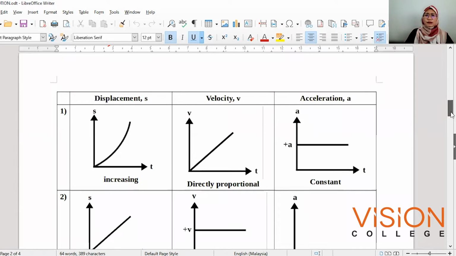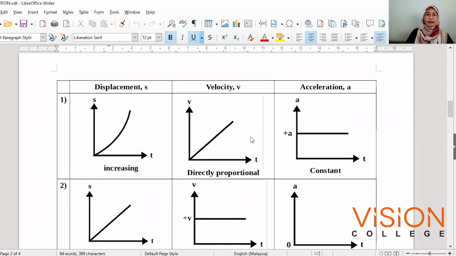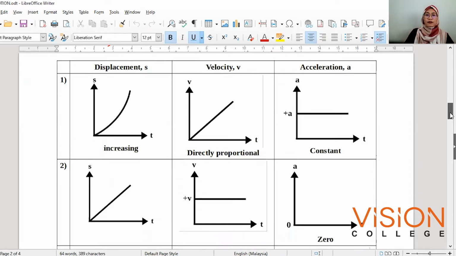Since we know the relationship between one and another, from displacement we can get velocity, and from velocity we can get acceleration, so we can guess the shape of the graph by having this summary of graphs.